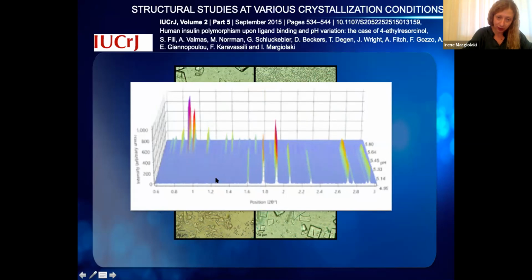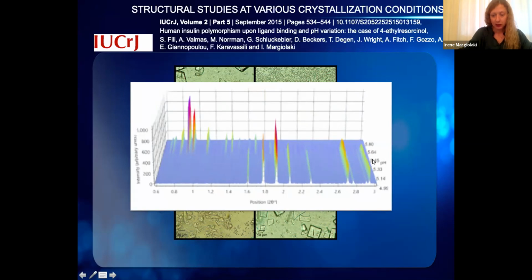And these are plotted, all of our data as a surface. On this axis is the increase in crystallization pH, and even by looking at the data without any analysis, one can see that there is a clear phase transition at approximately pH 5.5.